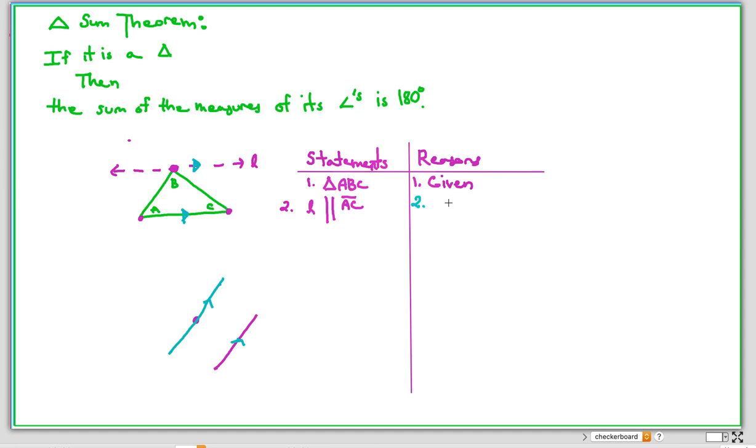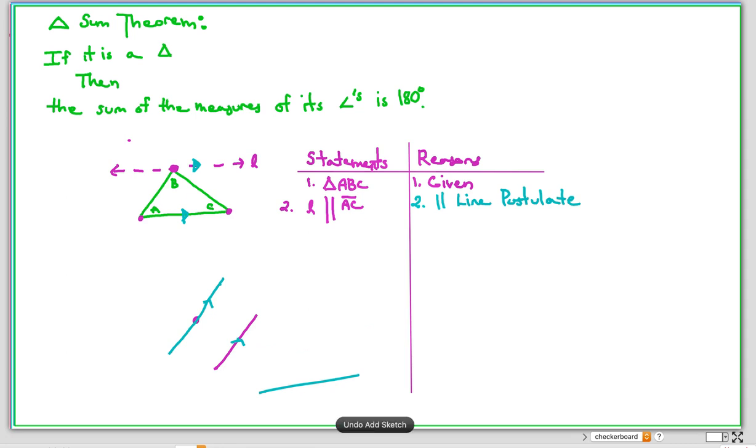We'll just say parallel line postulate. And you could convince yourself that this can always be done. You draw a line, you draw a point off that line, there exists exactly one line through that point that's parallel to the given line.